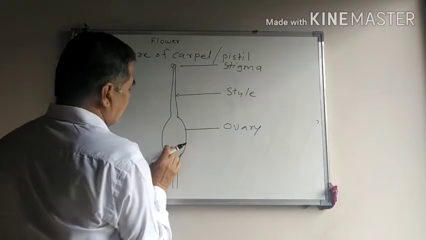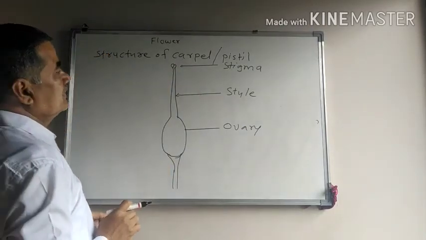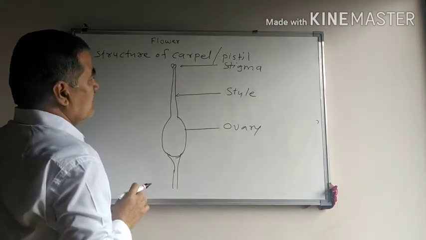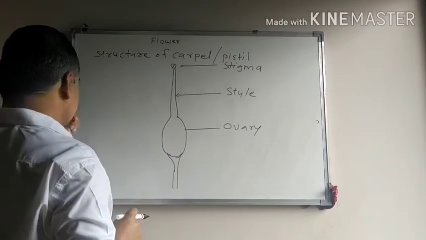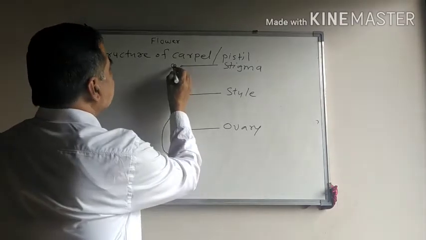Stigma is situated terminal to this gynoecium, and the stigma is knob shaped or capitate. In some flowers it is biforked, triforked or pentaforked.